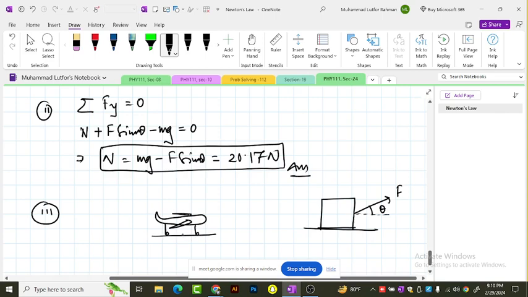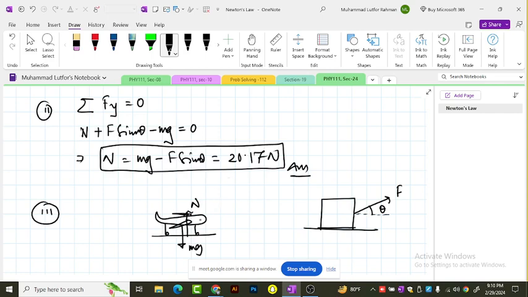One is the weight of the aeroplane, acting downward. Another is the normal reaction force, by Newton's third law, acting on the two wheels of the aeroplane. When it is on the runway, these two forces are equal, so it is not moving along the vertical direction in the stationary case.